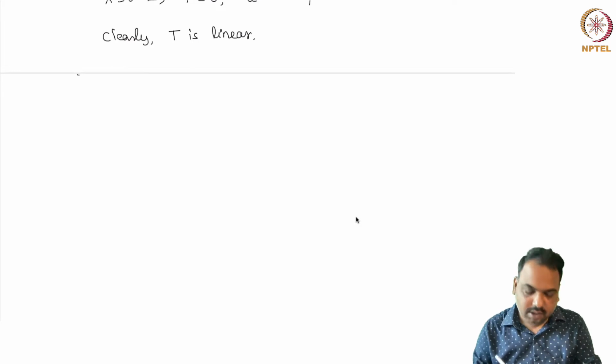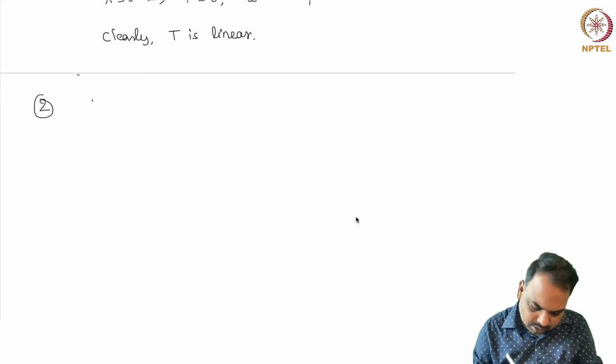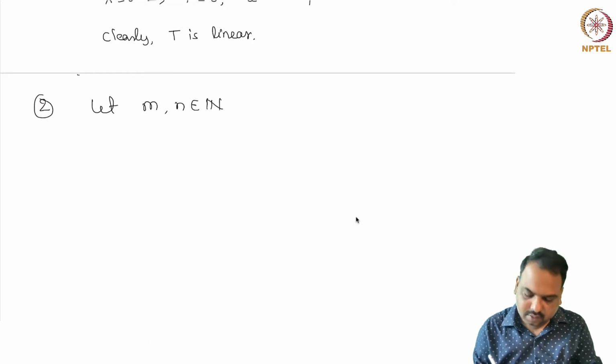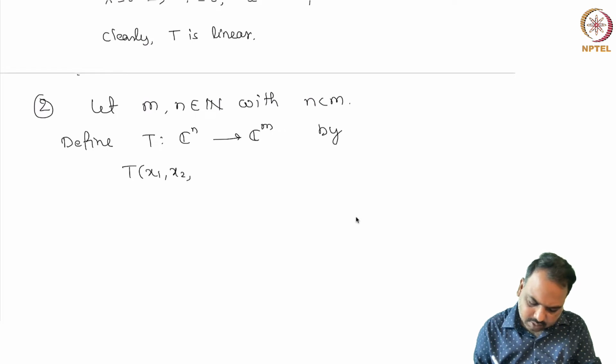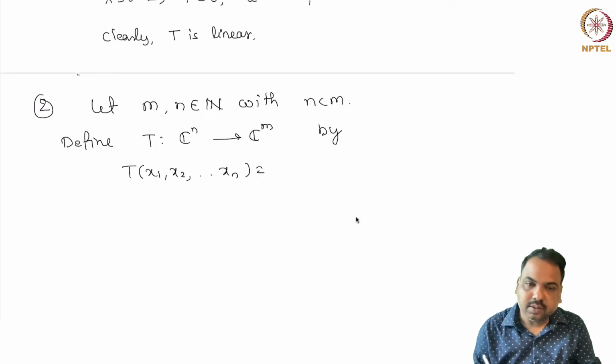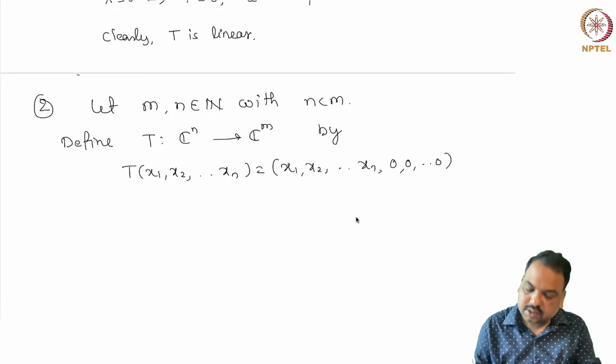Let us take two natural numbers m and n with n less than m. Define T from C^n to C^m by T of x1, x2, and so on, xn equal to x1, x2, and so on, xn, and 0 in the remaining components.